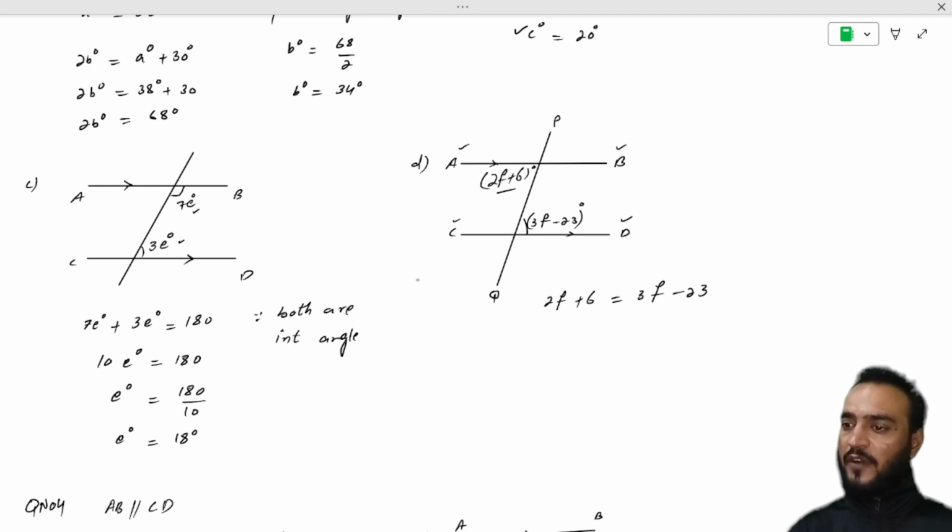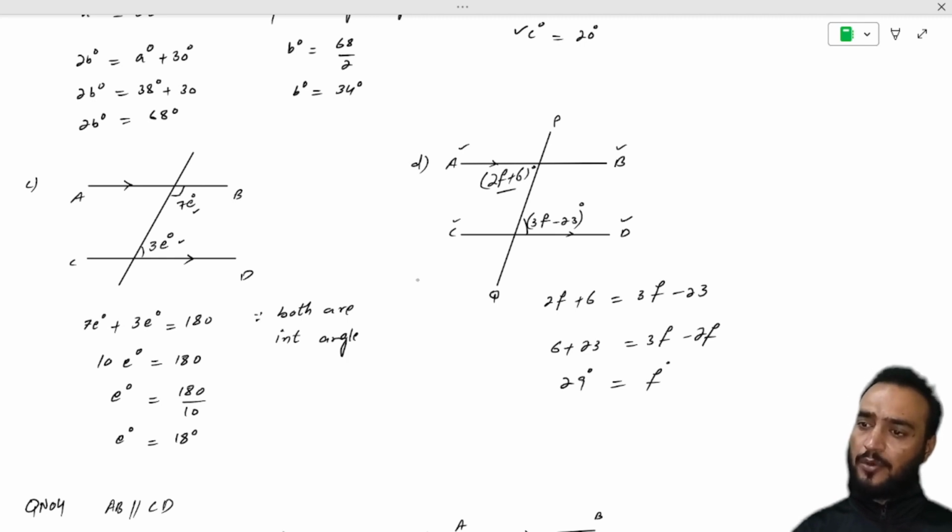So we subtract 2f from the right side and add 23 on the left side. So it becomes 6 plus 23 equals 3f minus 2f. So 23 plus 6 is 29 and 3f minus 2f becomes f. So the value of f degree is 29 degree. There is only one unknown in this part, that is f. We have found that. So this was question number 3.